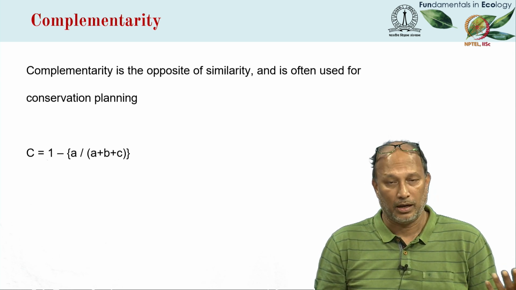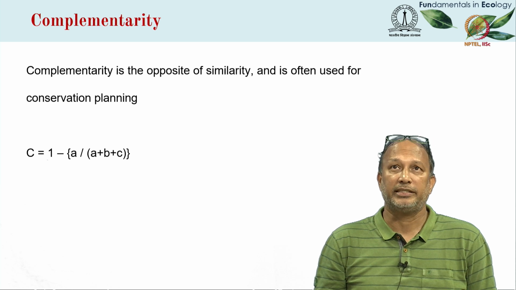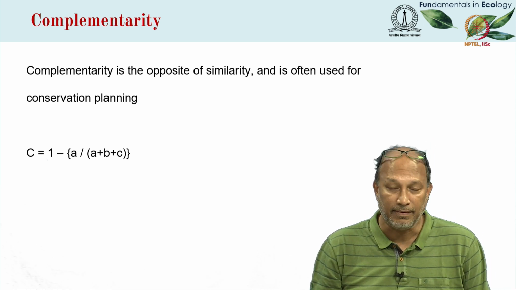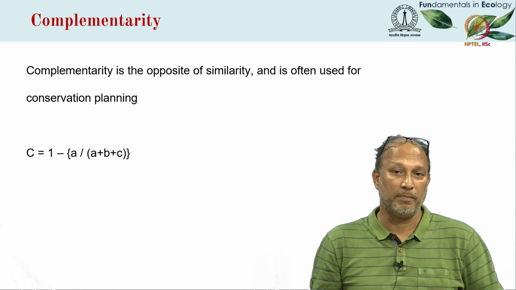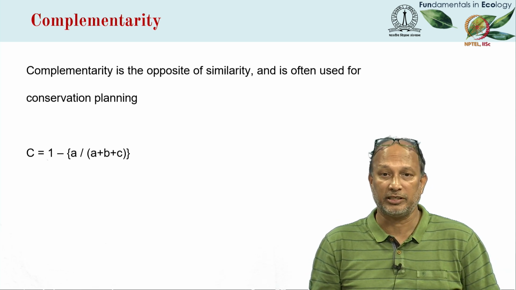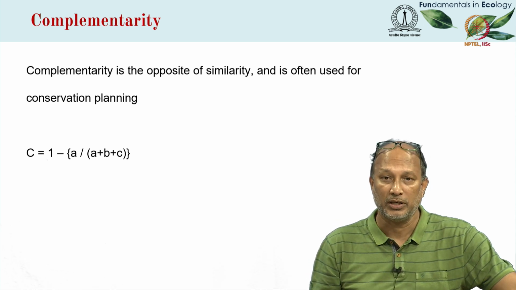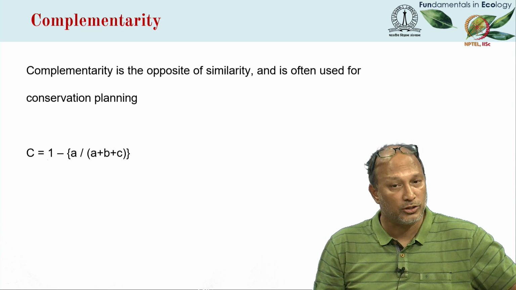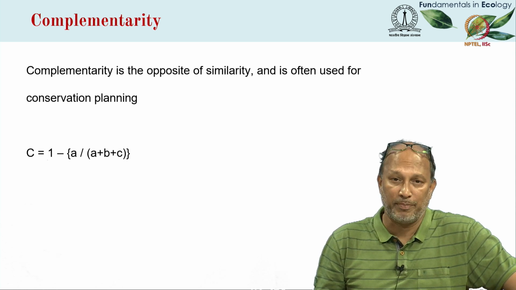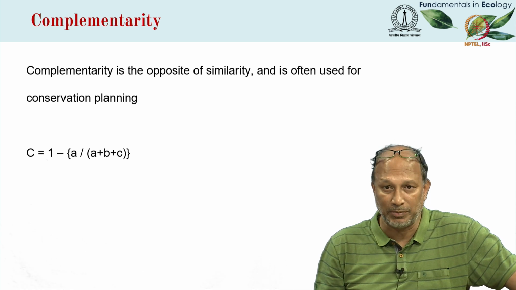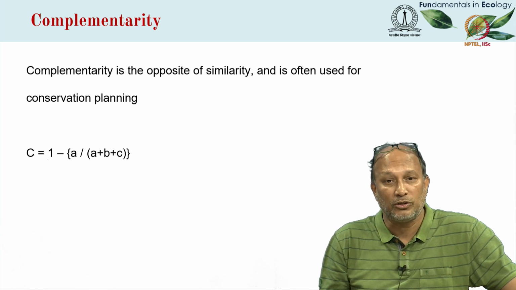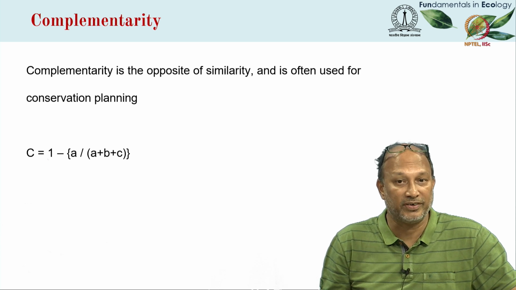Now, the reason we do this is that we might have a number of areas of very, very high diversity, and an approach to conservation planning that takes into account only the high diversity areas may actually conserve 5 patches, but all 5 patches are very similar. Now, there might be a 6th patch that has lower diversity but is substantially different from the others.